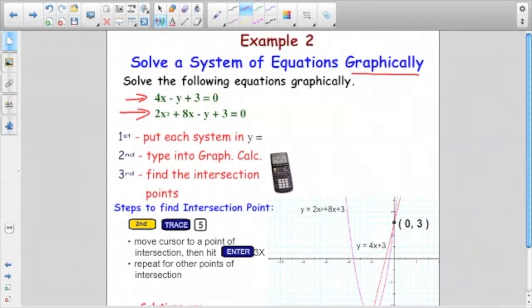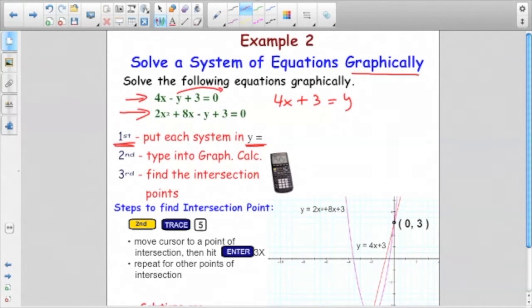To get a solution, the first thing you have to do is get into y equals. So to get this into y equals, I'm just going to move this over to that side. I did that because I want it to be positive y. So we have 4x plus 3. There is my first y equals.